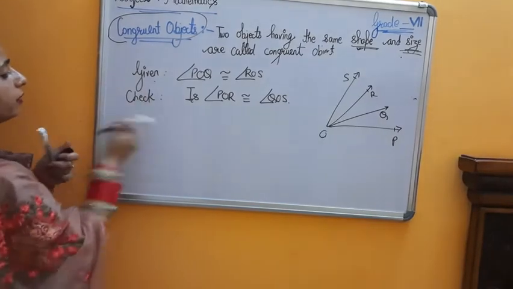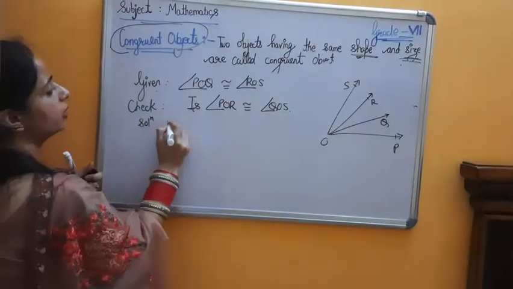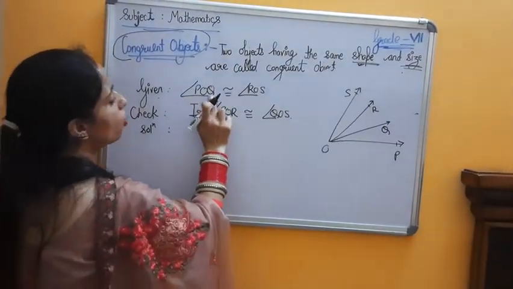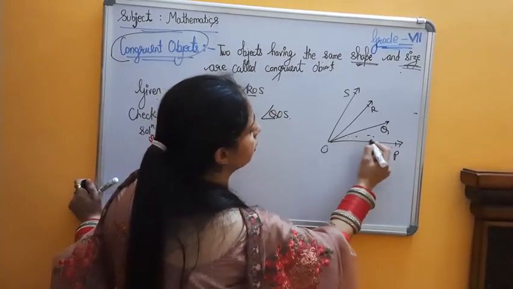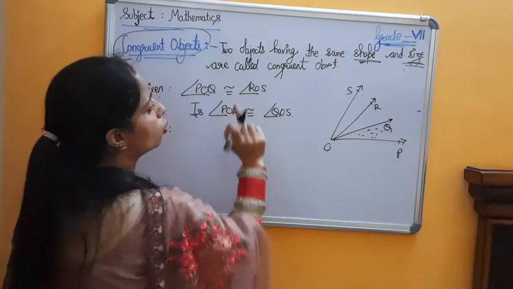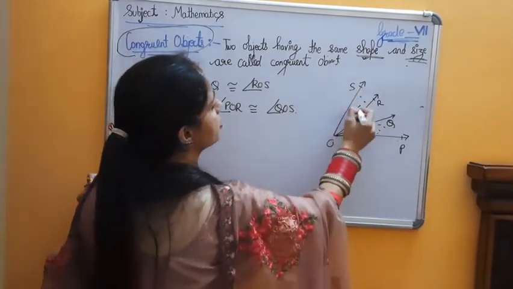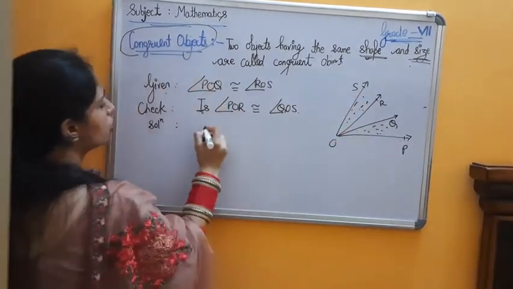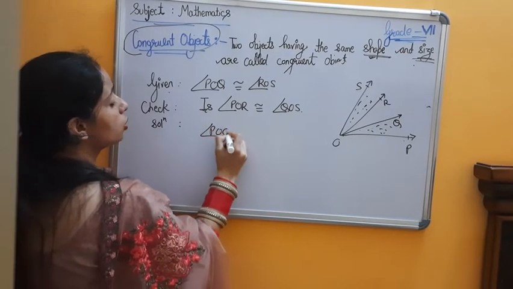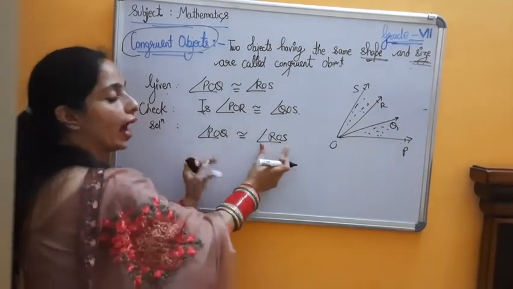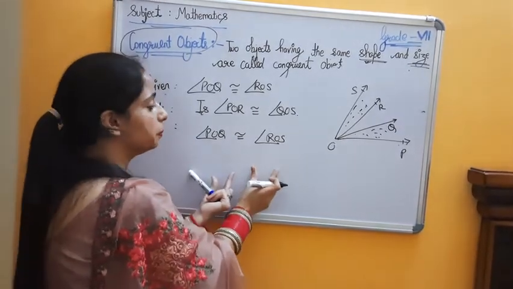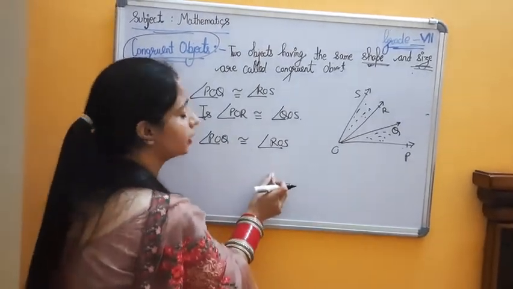See, what is given when we are solving it? Angle POQ is congruent to angle ROS. These two are congruent, and as we discussed, two angles are congruent means their measures are same.